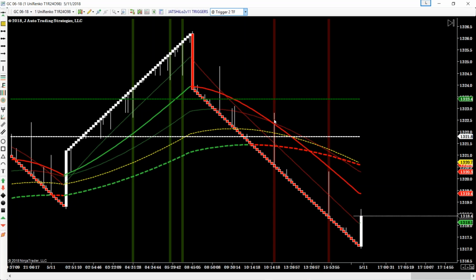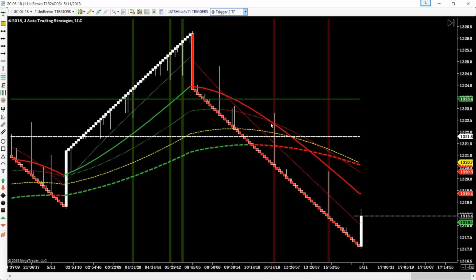I can allow the touch on the upper trigger to be performed and enter you on two contracts, one at that upper trigger and one at the lower one, at the upper trigger entry, thereby saving you that risk between those two entry points and allowing you the maximum reward to the trajectory. So you would enter two now at this upper trigger and come down and take it off once you reach your profit target as these new bars open.